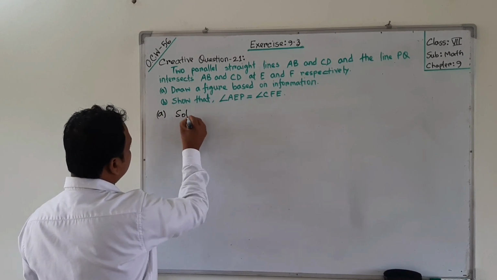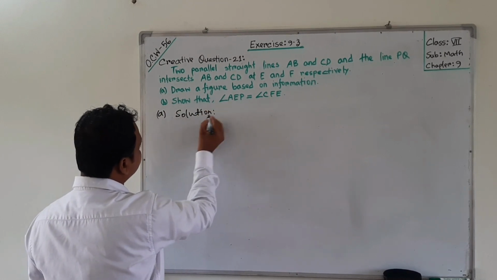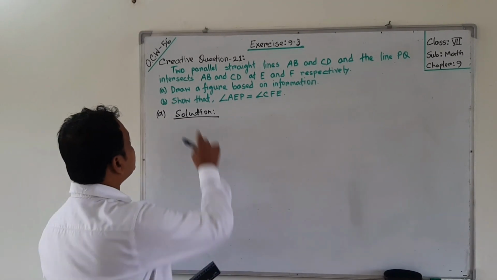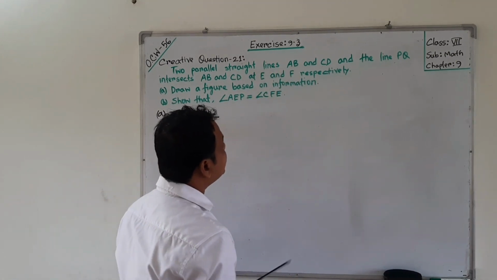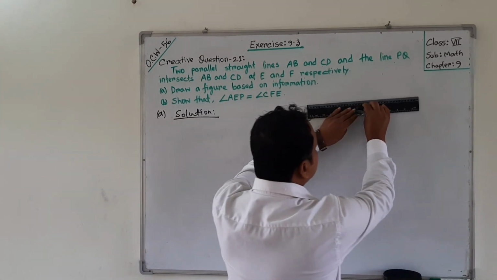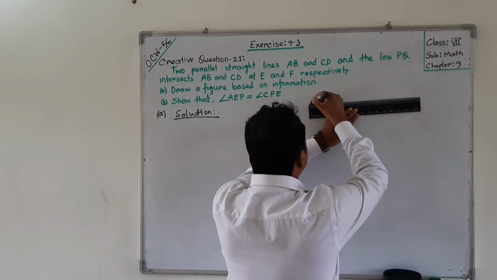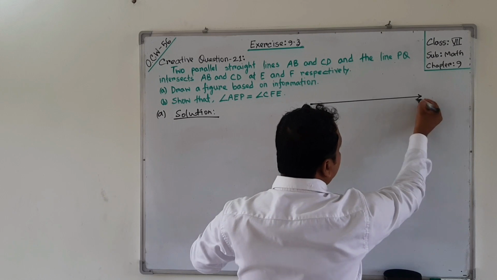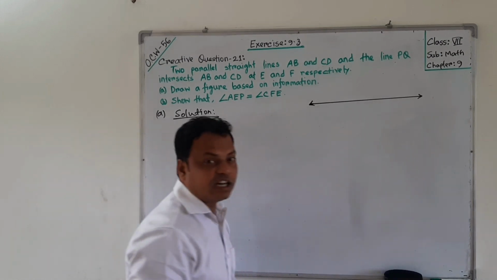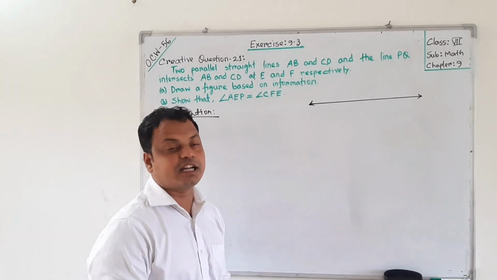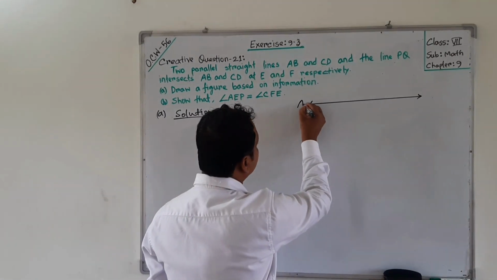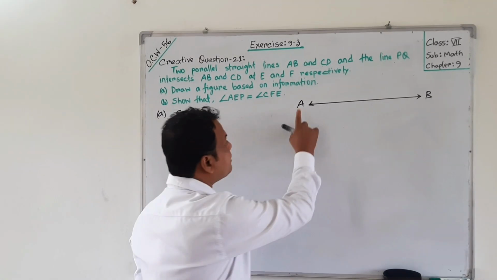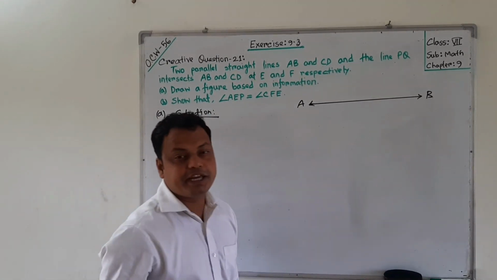A. Solution. We have to draw two parallel straight lines AB and CD. So I have drawn a straight line. The name of the straight line is AB. So what figure have we got? We have got a straight line named AB.